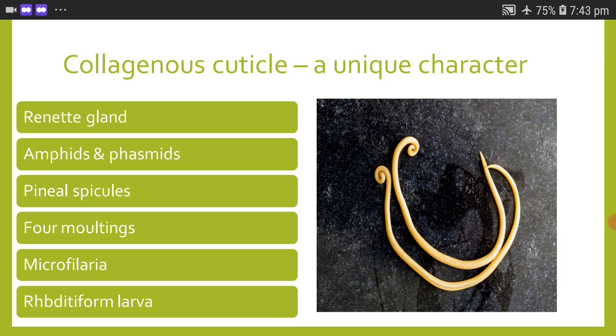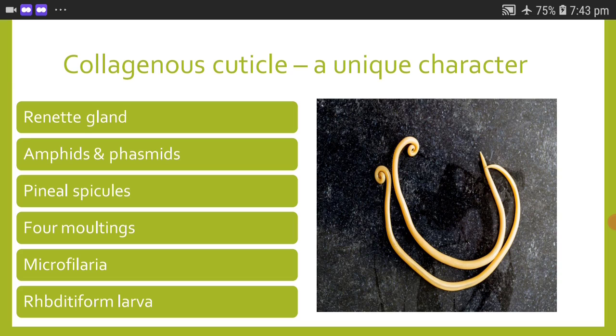Let me repeat, amphids are anterior in position and they are the chemoreceptors. Phasmids are posterior in position and they are glandulosensory in nature. If phasmids are present, it is called Phasmida, and if phasmids are absent, that is called Aphasmida.